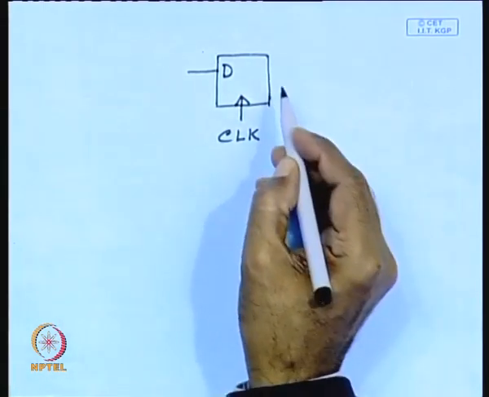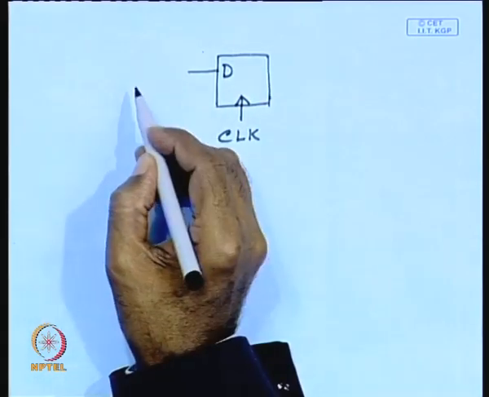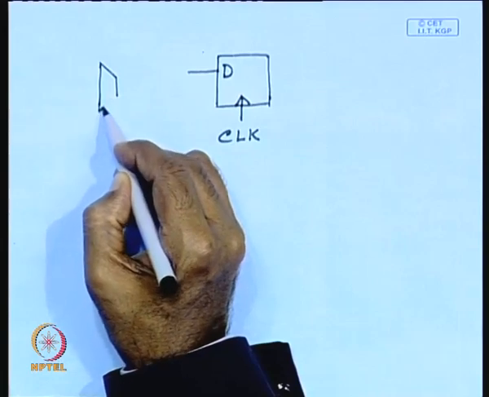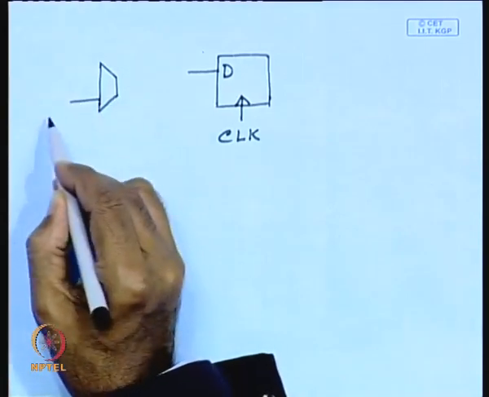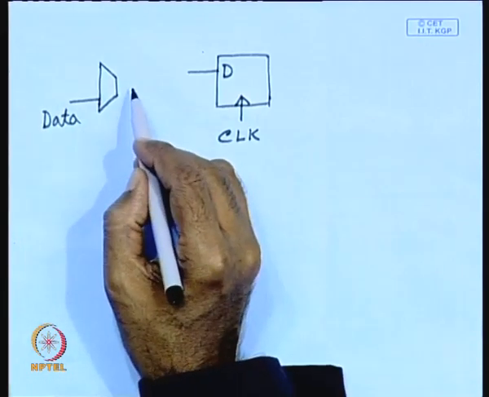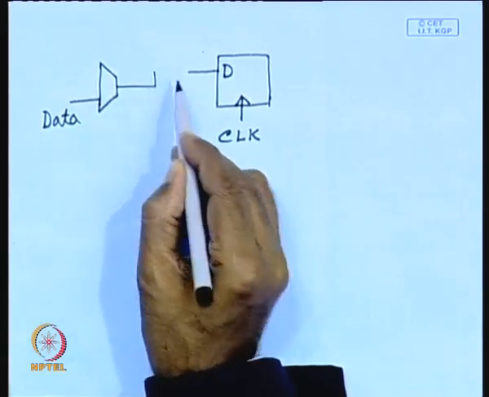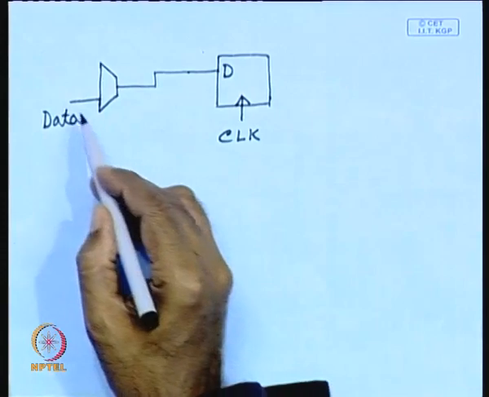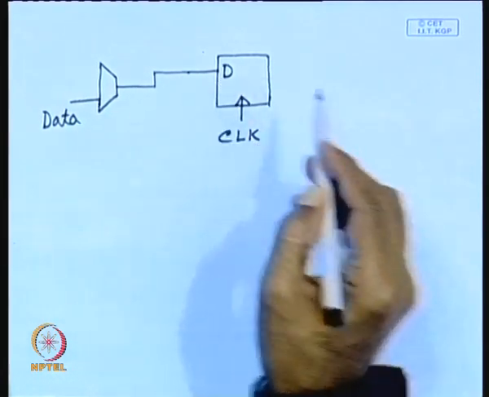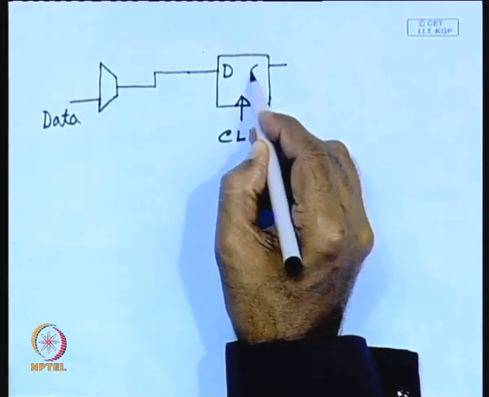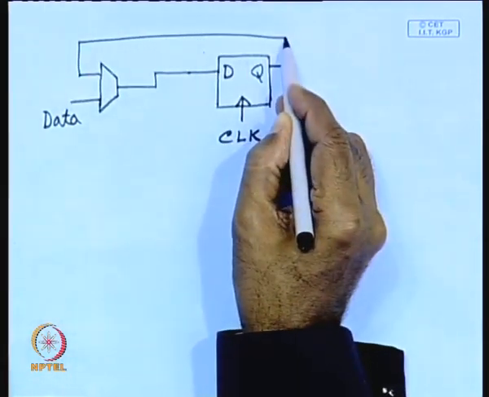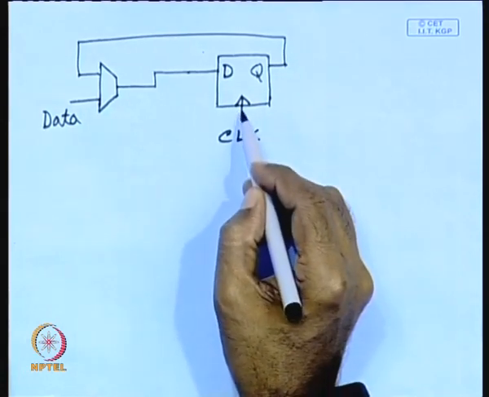and then sometimes new data will be coming from outside which has to be loaded. That data is coming from outside and you can load it with the help of a multiplexer. So, this will go to the multiplexer, but when you are not loading new data, the old data which is already stored there is recirculated. So, the clock is always applied there.